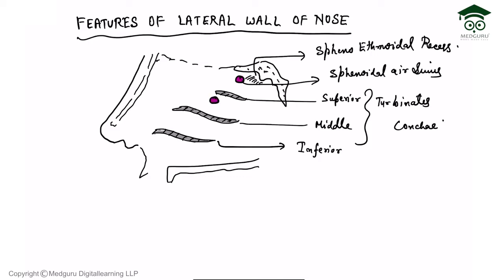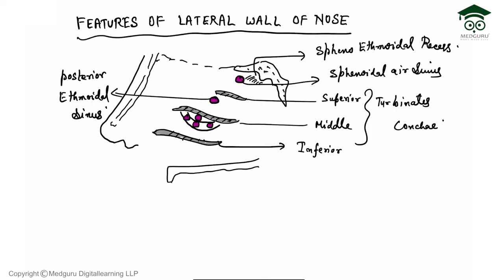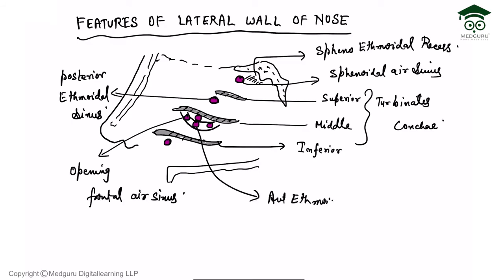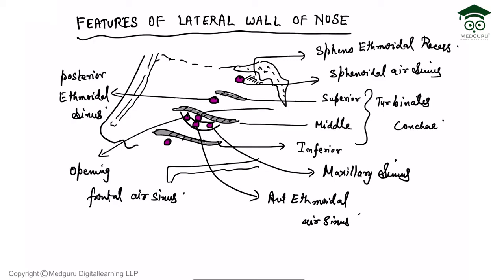Below the superior turbinate, the posterior ethmoidal sinus opens. In the middle meatus, lying between the middle and inferior turbinates, 4 structures open: the frontal sinus, adjacent to it the anterior ethmoidal sinus, then the maxillary sinus, and on the upper part, at the bulla ethmoidalis, the middle ethmoidal sinus.